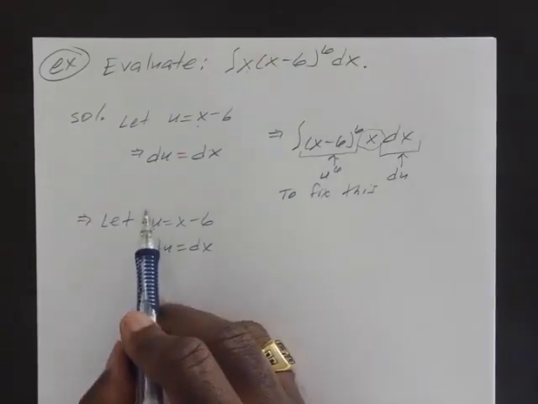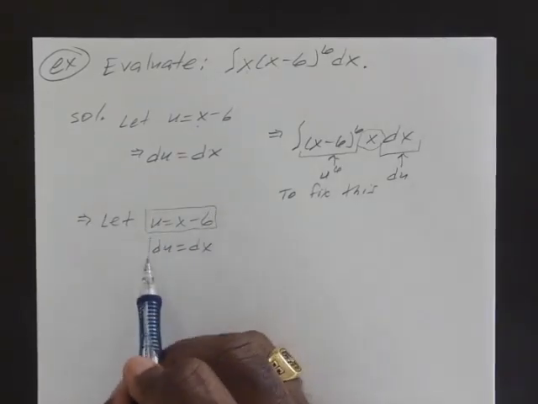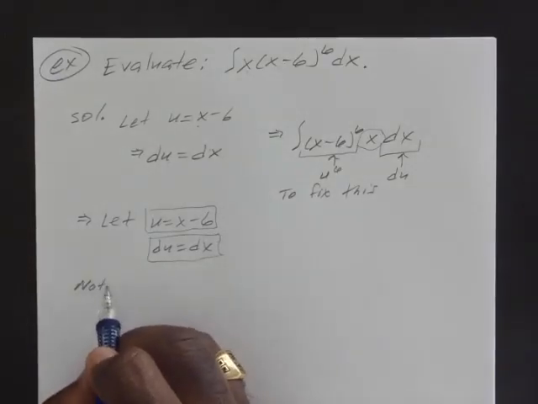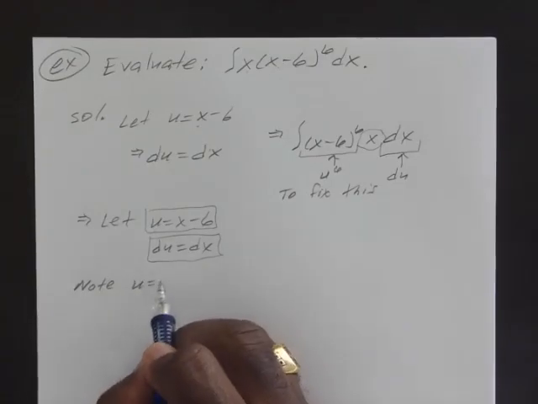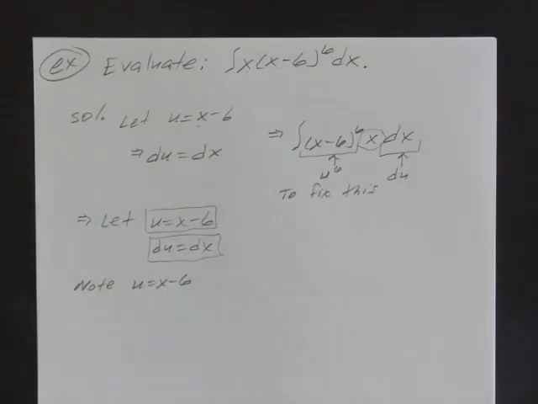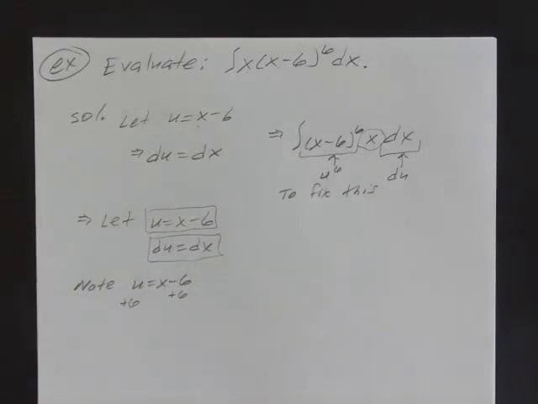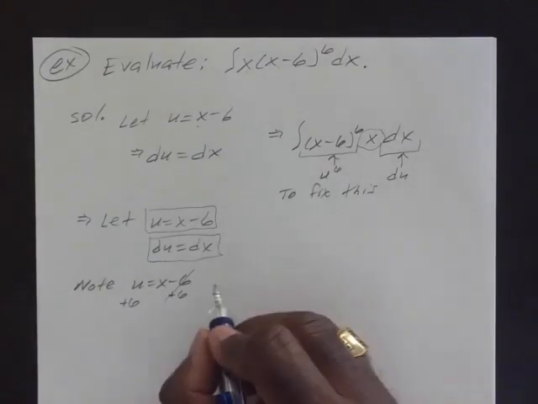So we're still going to use these two, but if we take our u is equal to x minus 6 and add 6 to both sides, we can go ahead and cross that out. That'll give us x is equal to u plus 6.